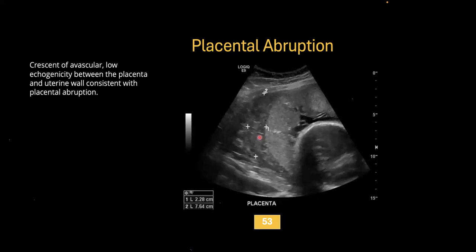Next, this was an abruptio placentae. Few of you had called it retroplacental hematoma. So is it looking like fluid or like an avascular soft tissue? It is an avascular crescentic structure of low echogenicity between the uterine wall and placenta. It is quite heterogeneous to call it a hematoma, and it is not even like a fluid, right?